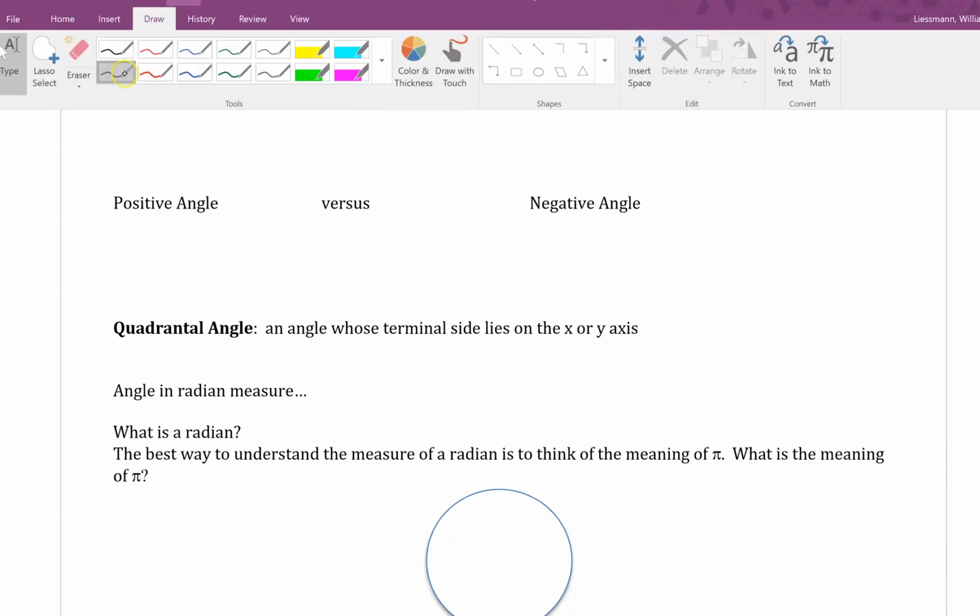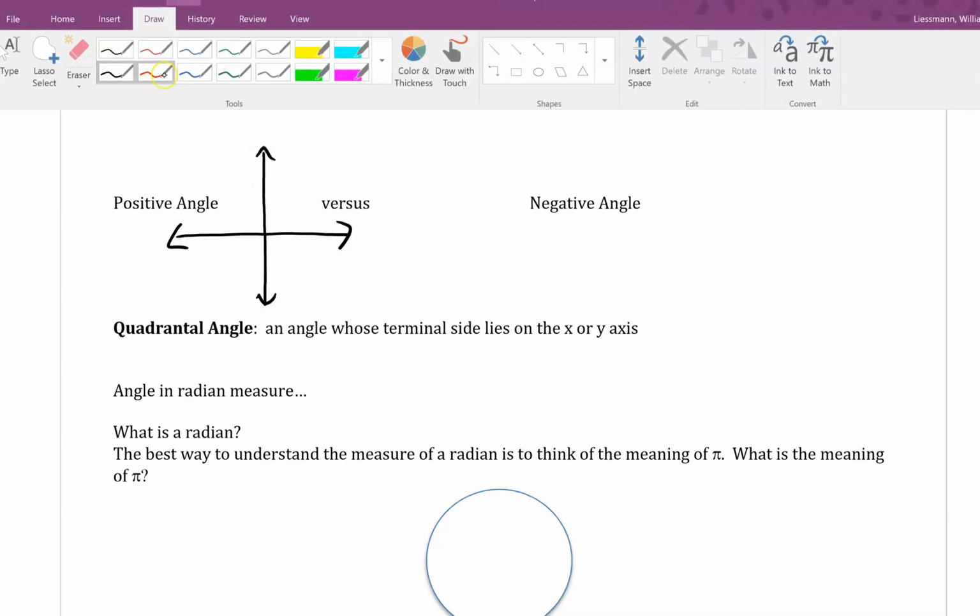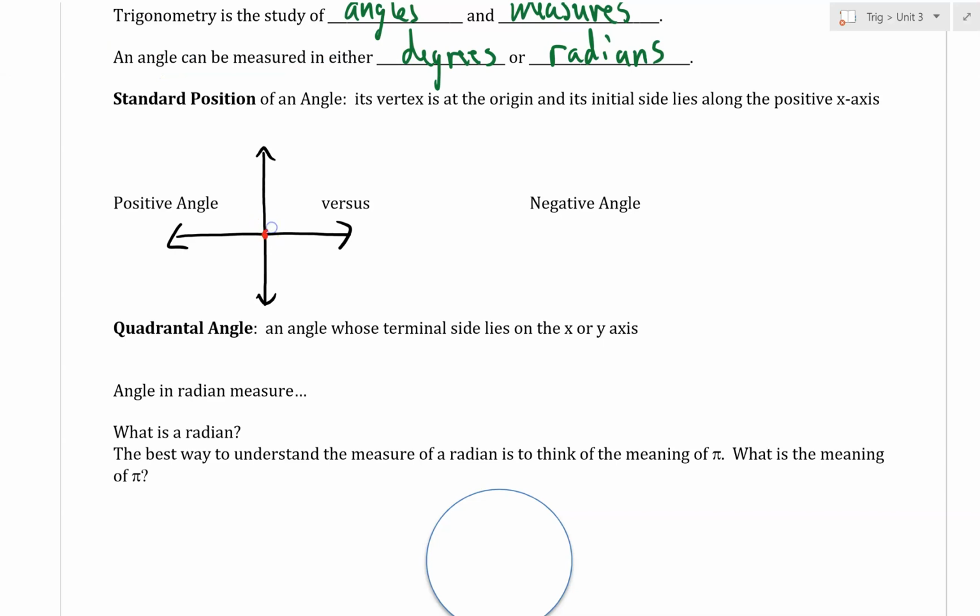So when we talk about standard position and a positive angle, we might take a look at something similar to this. Here's my coordinate plane, my axes. The starting position, what we call standard position, would be running along the x-axis right here. It emanates from the vertex, along the positive x-axis.